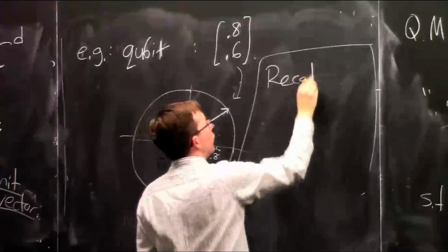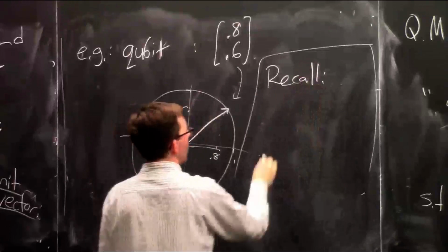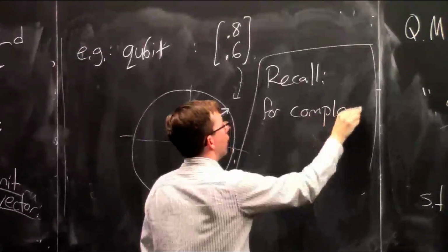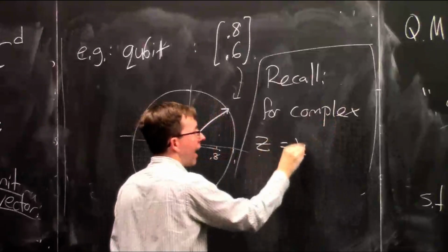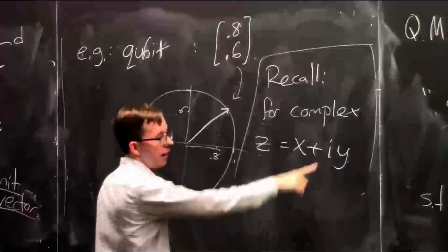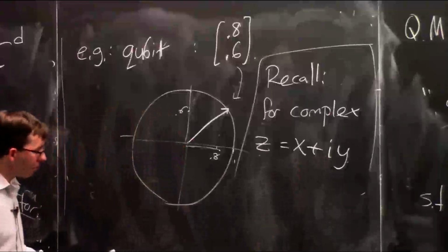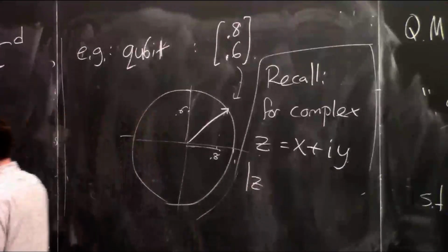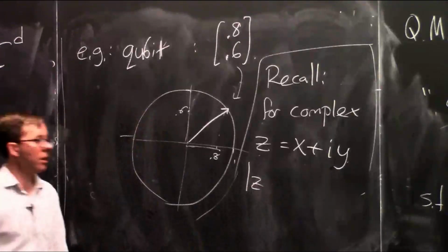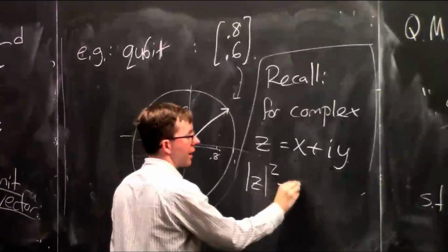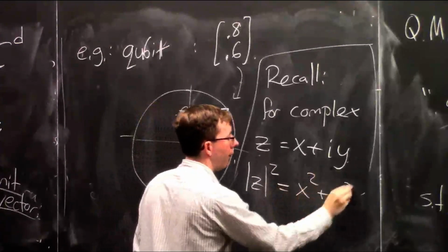I will recall for you now that if z is a complex number, which is x plus i times y, where x and y are real, and i is the square root of -1, its magnitude squared is x squared plus y squared.